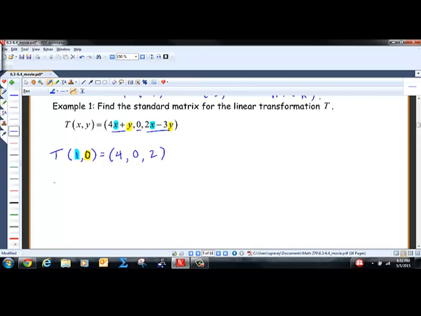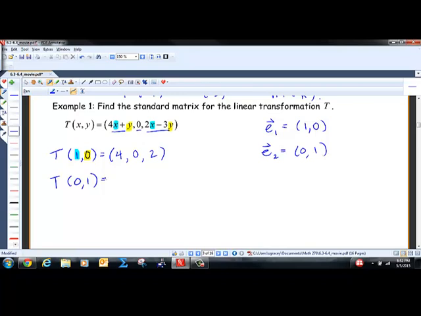So T at 0, 1, and basically I'm saying that E1 is 1, 0, and I'm saying that E2 is 0, 1, right?